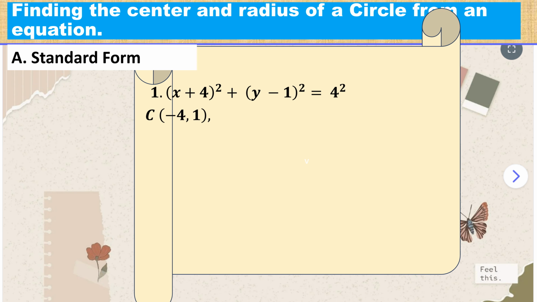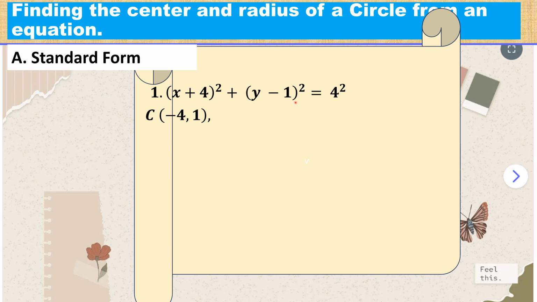Where did we get the negative 4 and the positive 1? Okay, so as you have seen, x plus 4, thus it is taken there as the x coordinate of the center, which is negative 4. So from a positive 4, its additive inverse is negative 4.